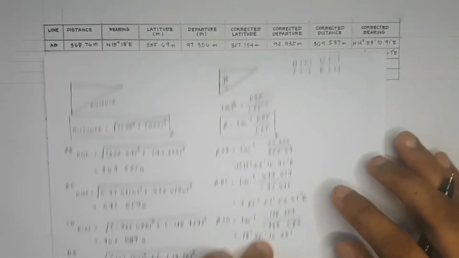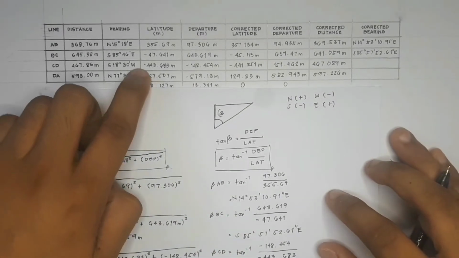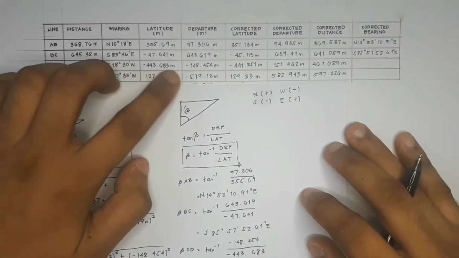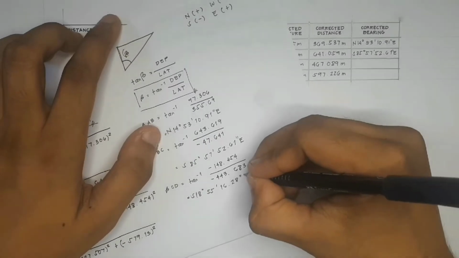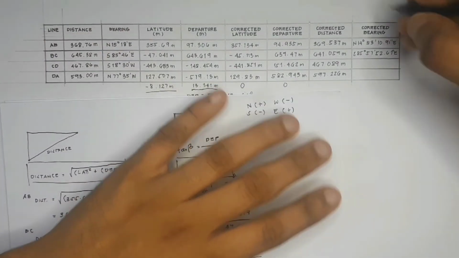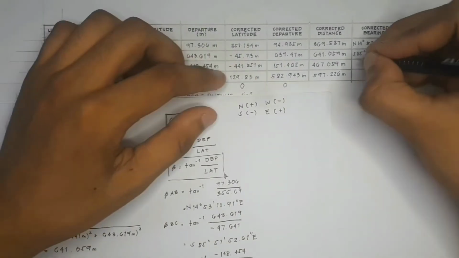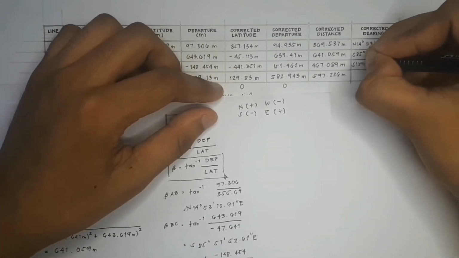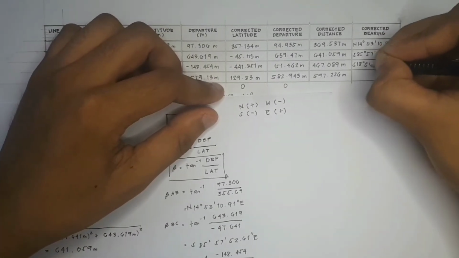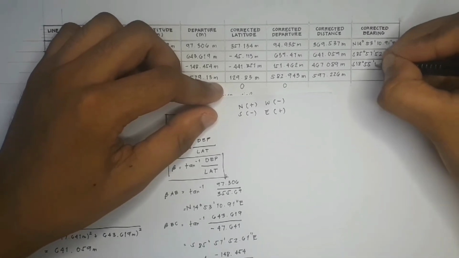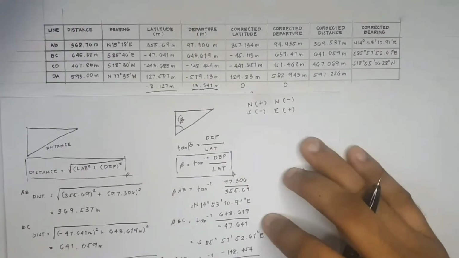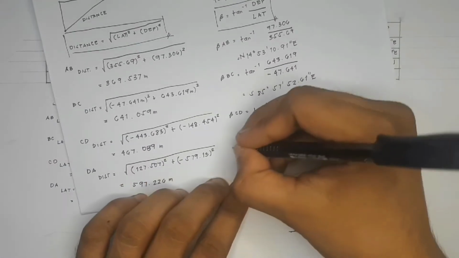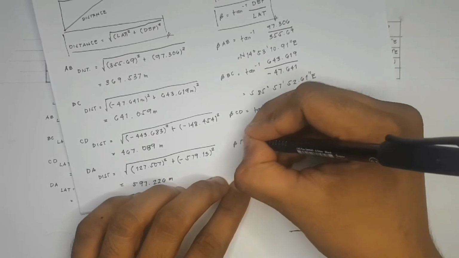For the direction, since we have negative latitude, this will be south. And we have negative departure, so this will be west. So our corrected bearing for line CD is south 18 degrees 55 minutes 16.28 seconds west.